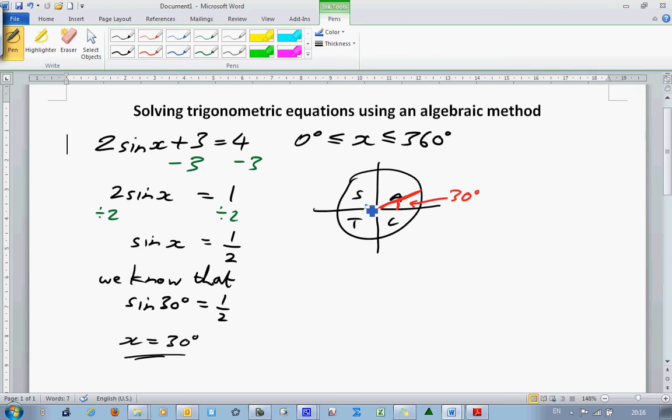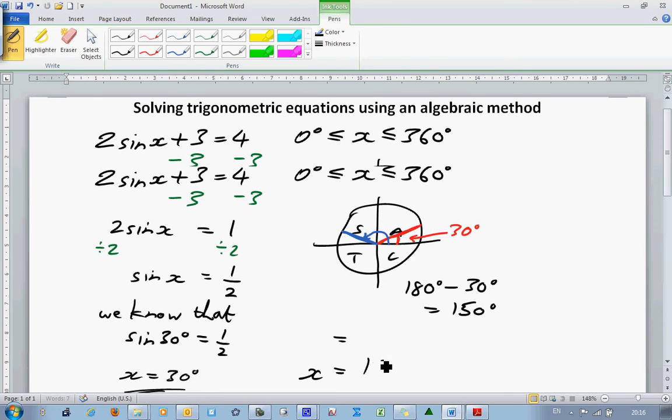So in other words, now we have sine x equals a half in the first quadrant, positive, and sine x equals a half in the second quadrant. So for that angle, we use the reference angle and we say 180 minus 30 equals 150 degrees. So another solution is x equals 150 degrees.